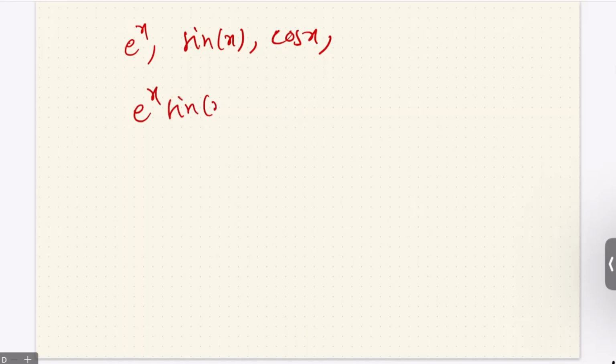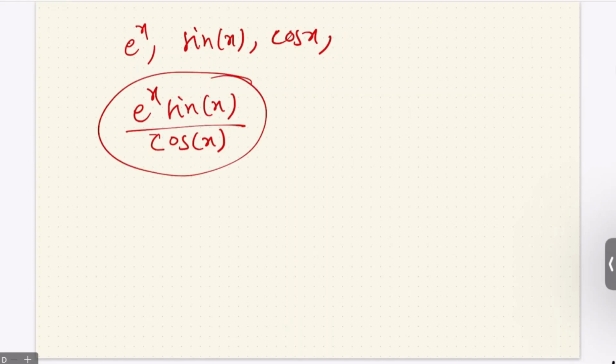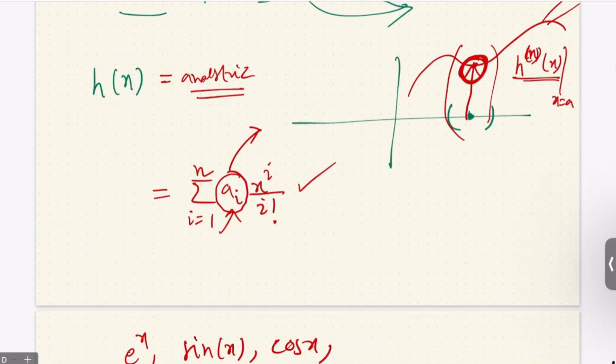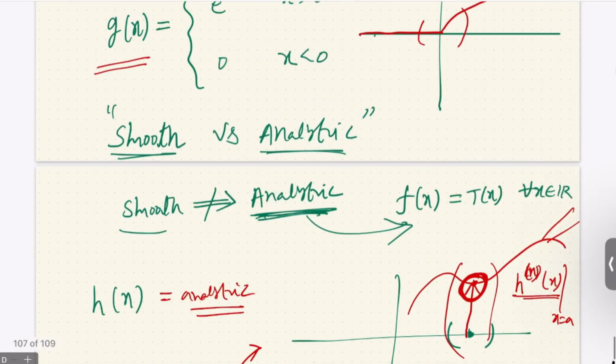They are all polynomials and e to the x, sin x, cos x, and any linear combination of these is again an analytic function. Not only a linear combination, any combination, like e to the x times cos x, is again analytic. That means you can bring it down to a Taylor series expansion that holds for all x belonging to R. It's not local anymore. That is the distinction.